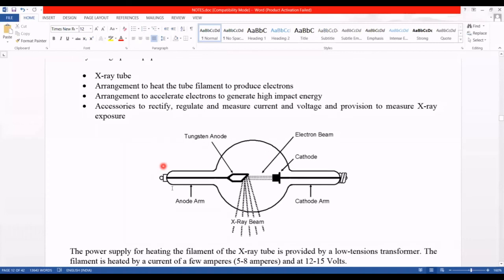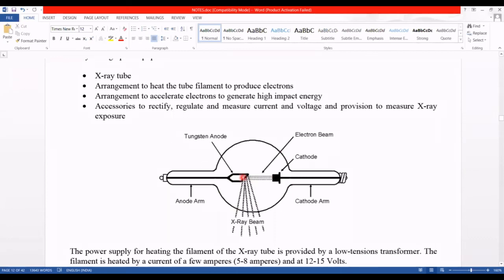See this figure; I have already explained the generation of X-rays. This is the equipment required for the generation of X-rays. Here is the evacuated glass tube with a cathode and anode. The cathode is a filament.